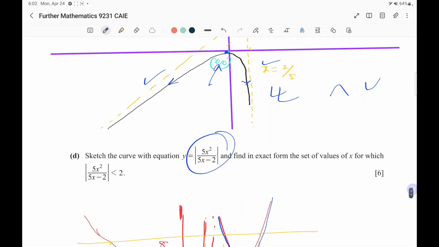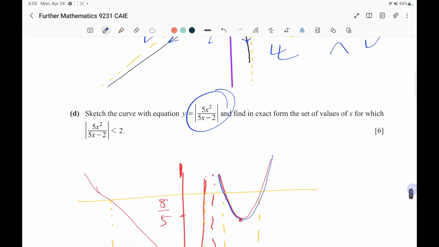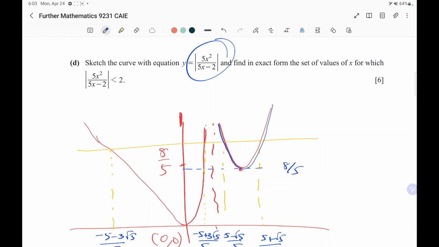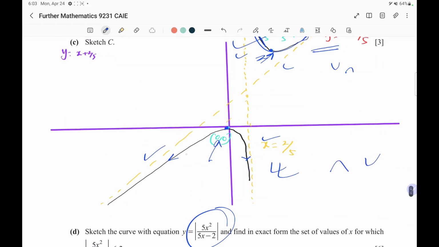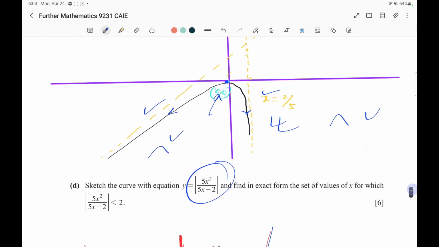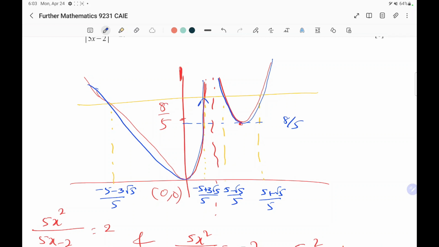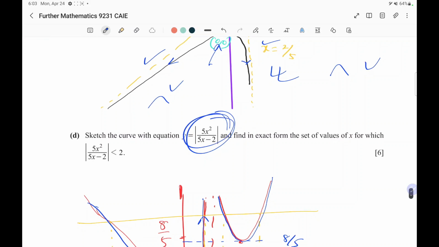And what's the maximum value? 8/5, sorry. And mod means this down portion will go up. That's why it is going up like this. So this mod graph we have drawn.